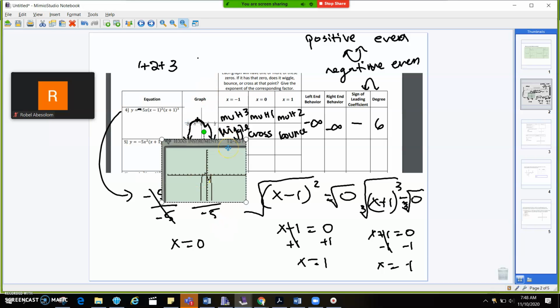These are very, very similar. Maybe a little off, but again, we're just sketching. Okay?